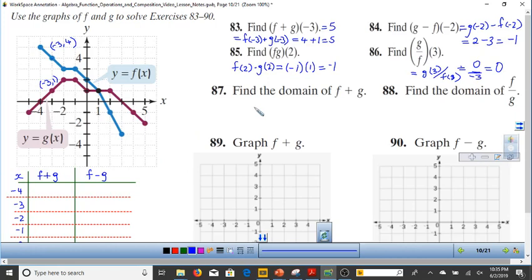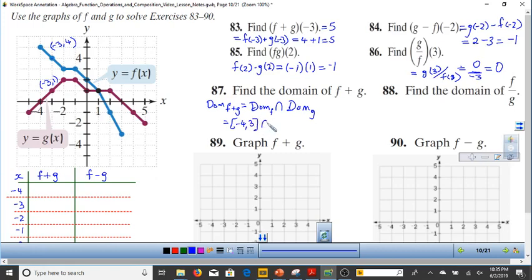Now let's say find the domain of f plus g and find the domain of f over g, and then graph the functions. Now the domain of f plus g is equal to the domain of f intersecting with the domain of g. Now the domain of f is from negative 4 up to positive 3.